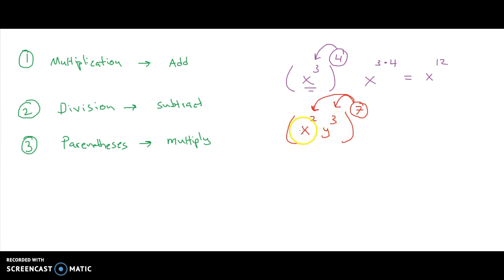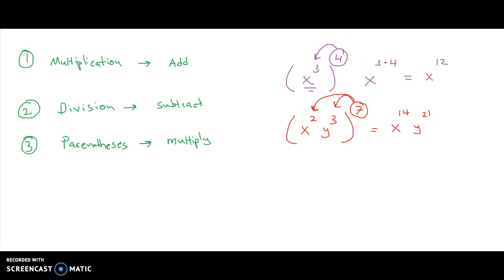Because we have a y term and an x term. So let's do the x one first. That's going to be 7 times 2, so x to the 14th power. And then the y is going to be 7 times 3, so y to the 21st power, which would be an alarmingly large number if y was, never mind, anyway, I'm babbling. Okay, so that's all you have to do there.